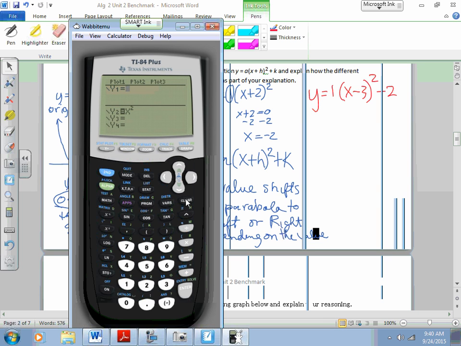Still leave the parent function though there. Do I need to write 1 in the graphing calculator? No, unless it's a negative. But if it's a number greater than 1, yes. But you can actually just put the parentheses x minus 3, square it, and then get out of the squaring and then minus 2. Notice right there I didn't put the 1 in the graphing calculator in front of the parentheses. That 1 isn't going to change it. Okay? Go ahead and graph that.